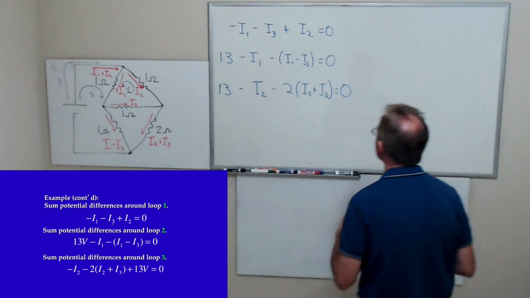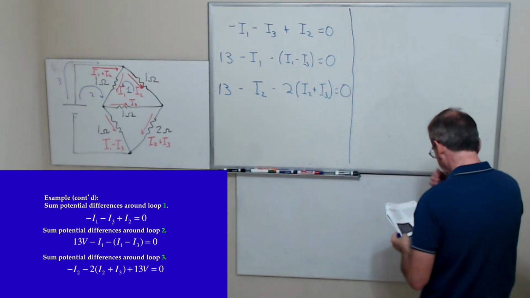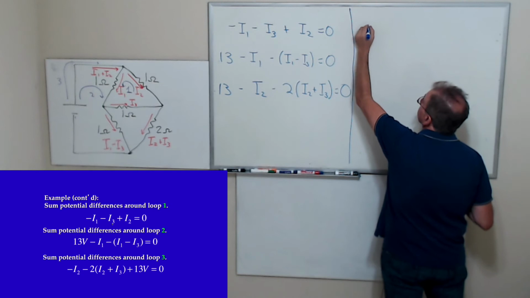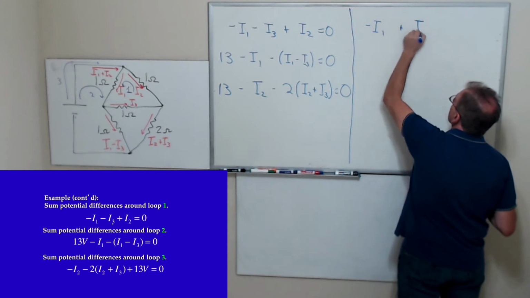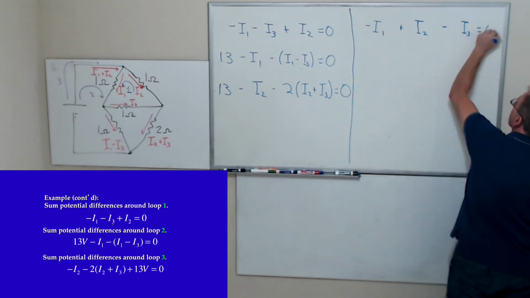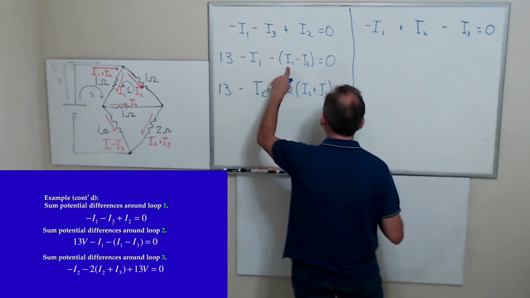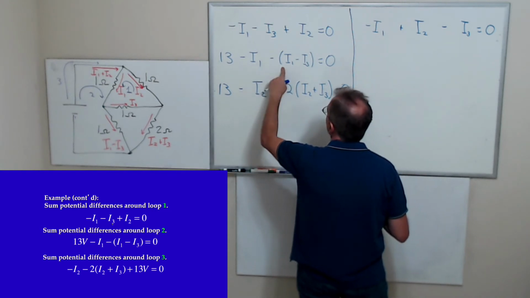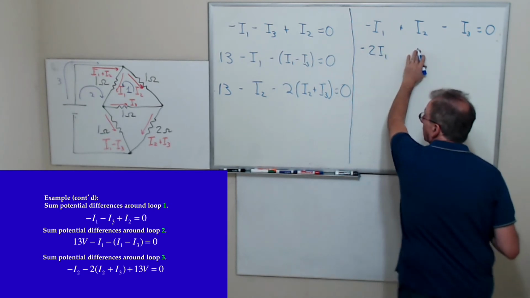So I want to rewrite these in the following way. I'm going to put them in an order. The second equation, so let me rewrite the second one. This is going to be a minus 2I1, right? Minus 2I1. There's nothing here.